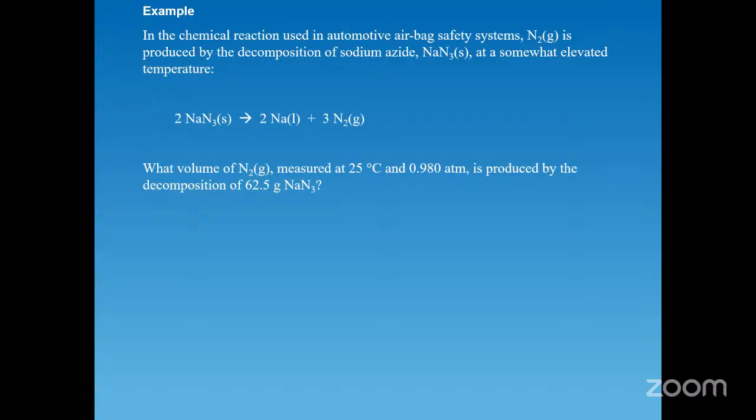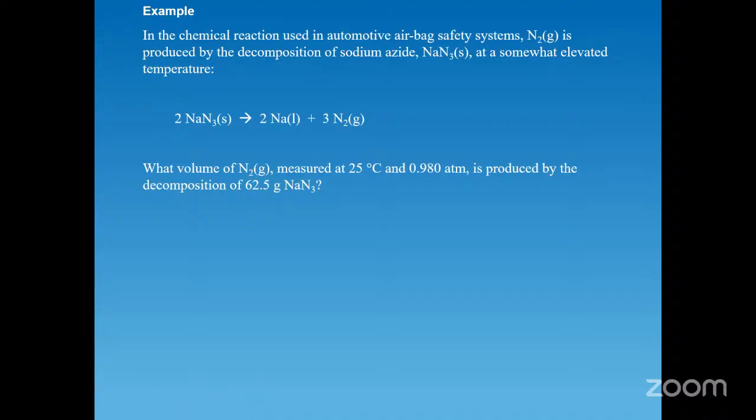Fortunately for us, they gave us the balanced equation for the reaction. The question says, what volume of nitrogen measured at 25 degrees and 0.980 atmospheres is produced by the decomposition of 62.5 grams of sodium azide?